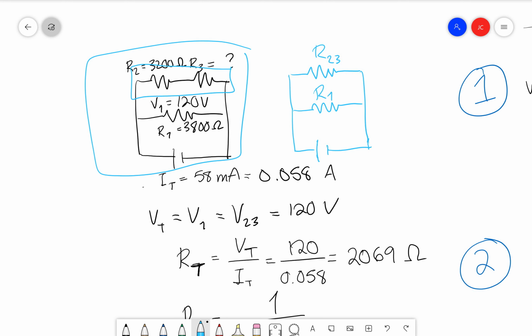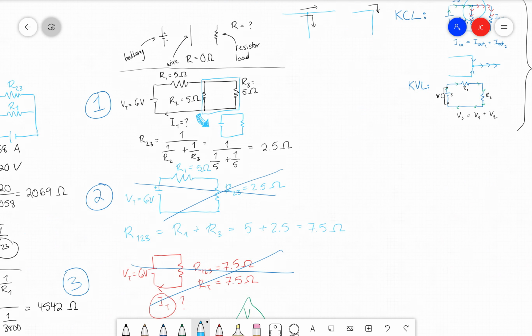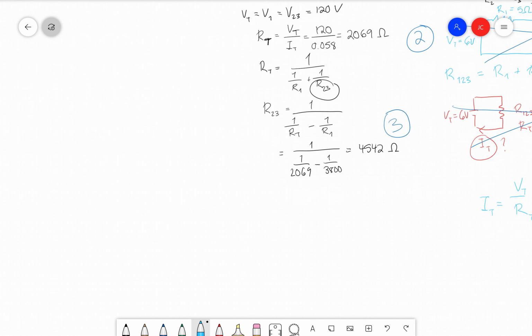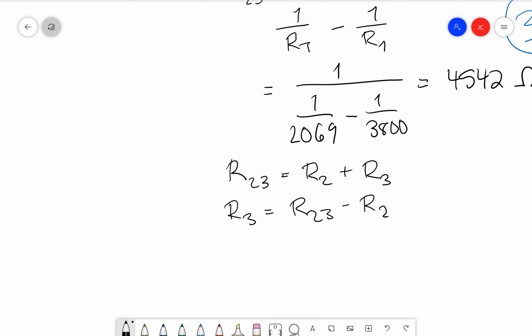Remember our series equations? Right over here. The equation for series is simply adding the resistances together. So we can come to the conclusion about R23. R23 is just going to be R2 plus R3. Very simple. And we can rearrange this for R3, which is, remember, the value we're actually trying to find out here, by going R3 equals R23 minus R2.